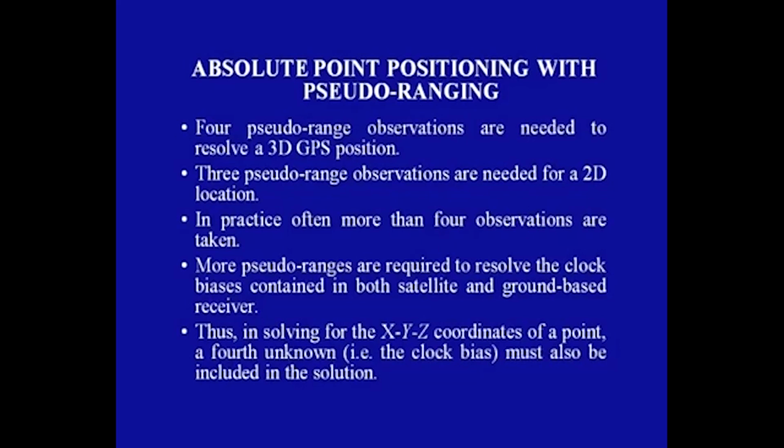In practice, more than 4 observations are generally taken in order to have a better solution for the point determination. More pseudo ranges are required to resolve the clock biases contained in both the satellite and ground based receivers. Thus, in solving for the x and y coordinates of a point, a fourth unknown, that is the clock bias, must also be included into the solution.